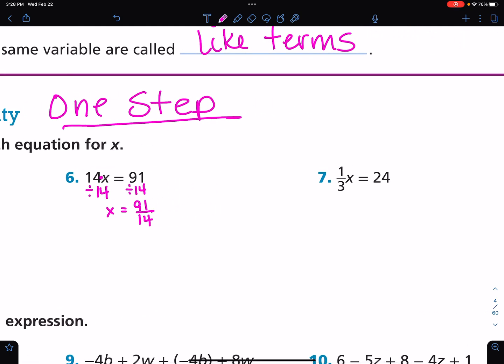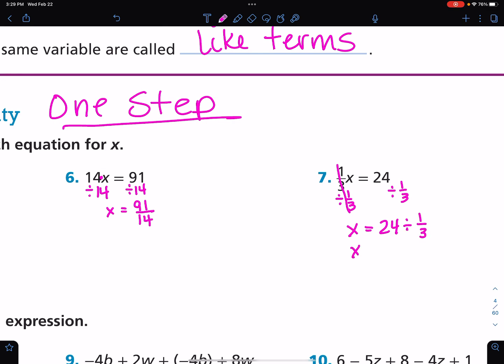Now this one is a 1/3, so I can multiply both sides. Nope, sorry, I said that wrong. The opposite of multiplication is division, so we're going to divide both sides by 1/3. That eliminates the coefficient. You're left with x equals 24 divided by 1/3.